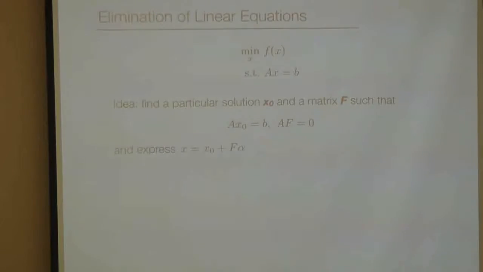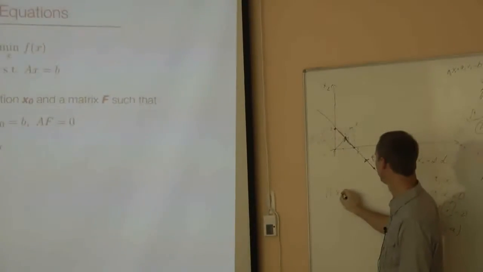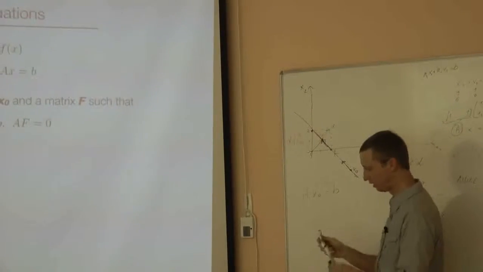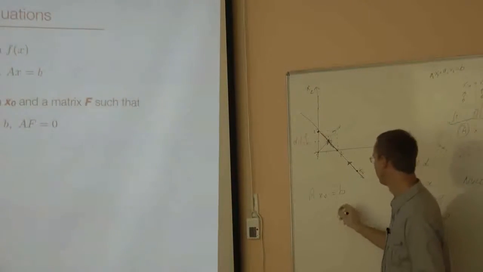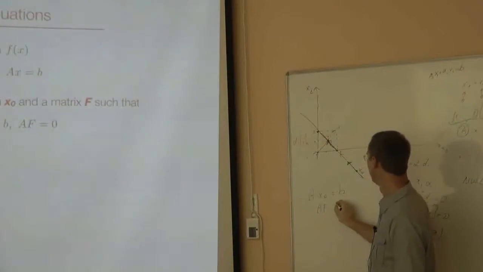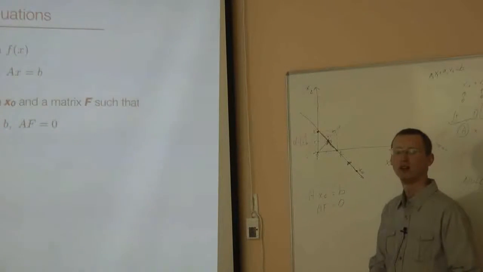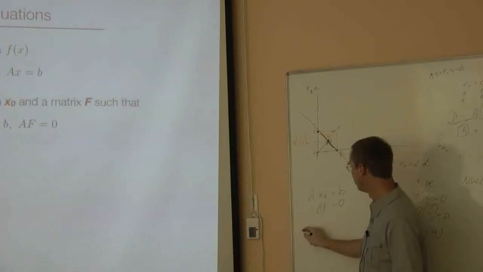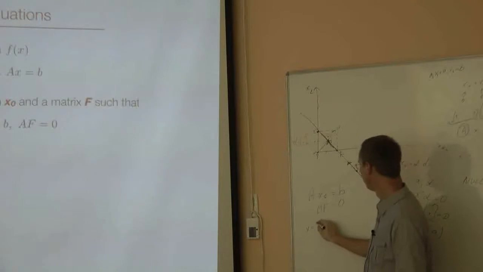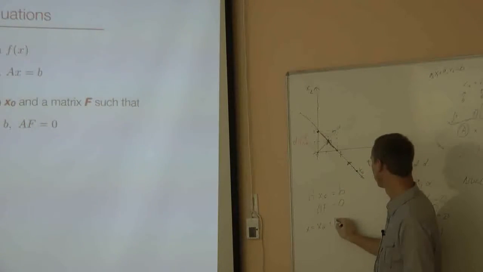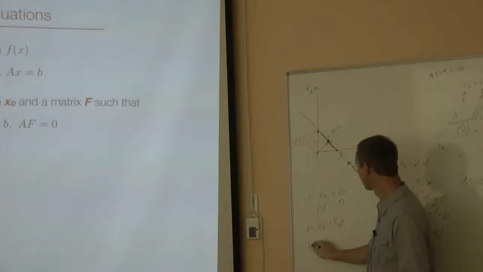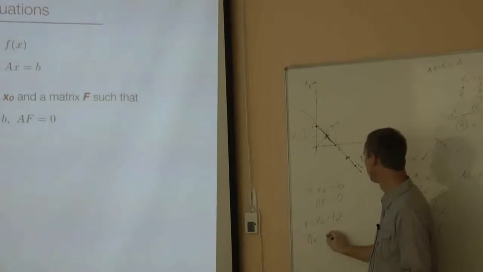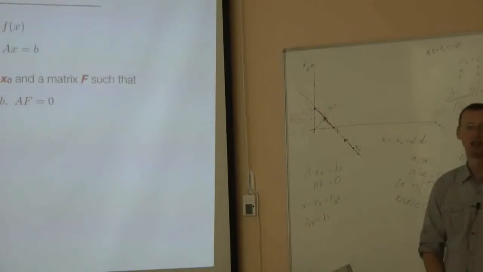So let us use that substitution. We know that A times x0 is equal to B. And the second thing we know is that A times F is equal to 0. Now, what we want to show is that for x equal to x0 plus F times alpha, the constraint Ax is equal to B is always satisfied.